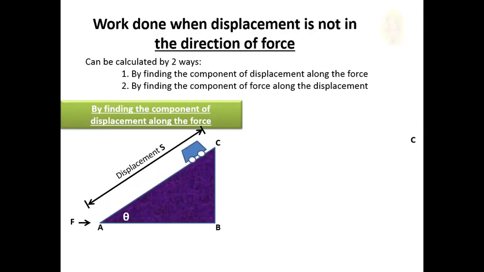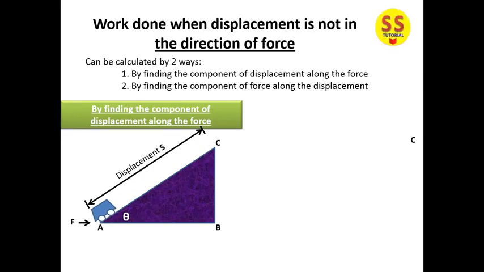I draw the inclined plane as triangle ABC, which makes angle theta to the ground. The displacement of the vehicle from A to C is S, and the force applied to the vehicle is F. Now how can we calculate?